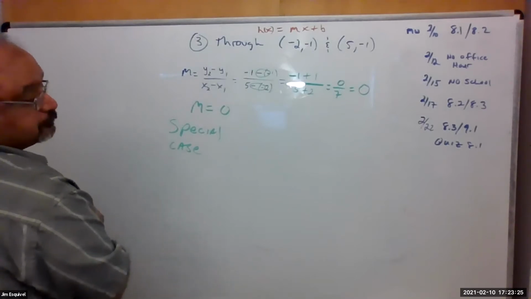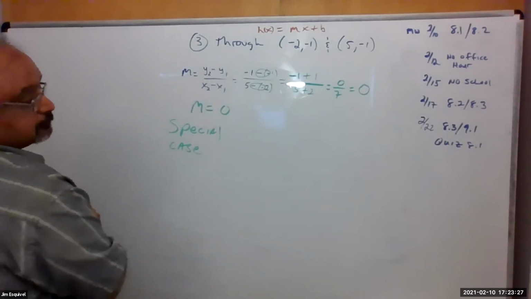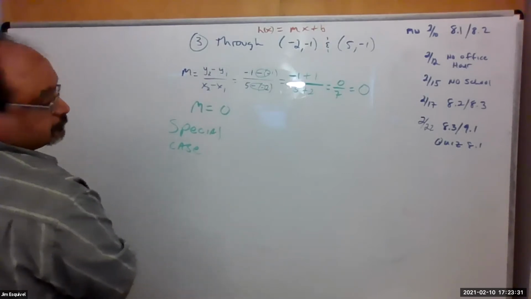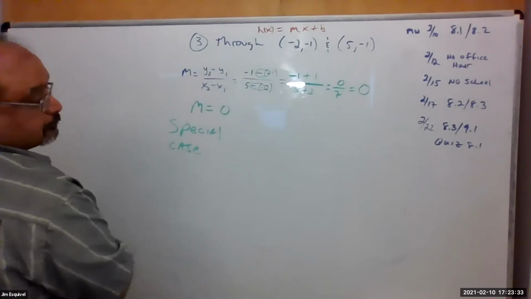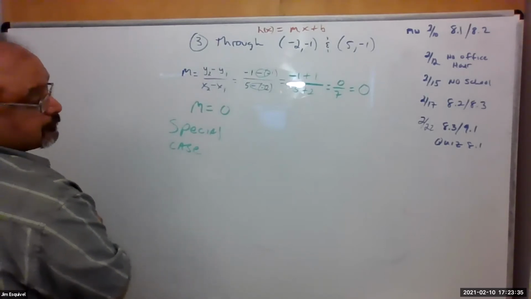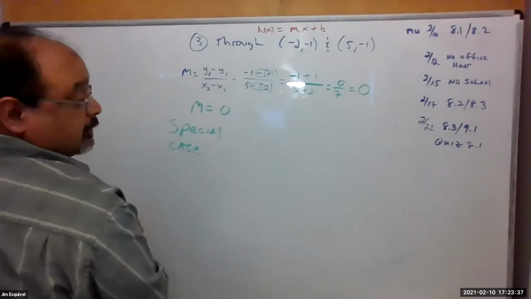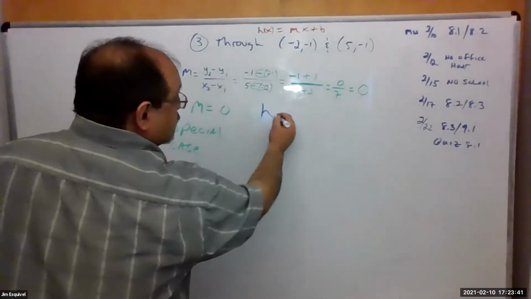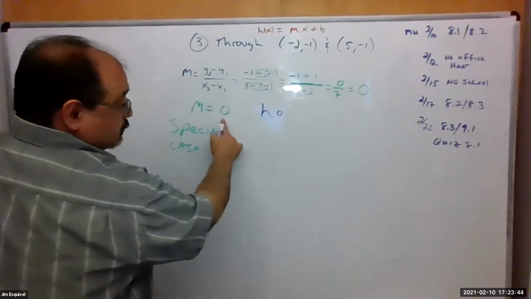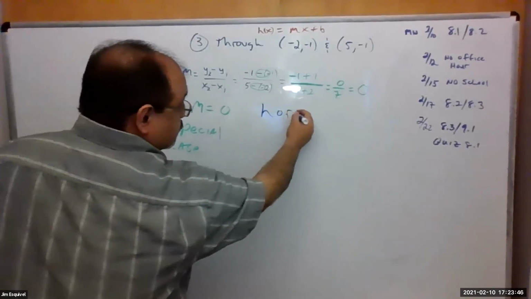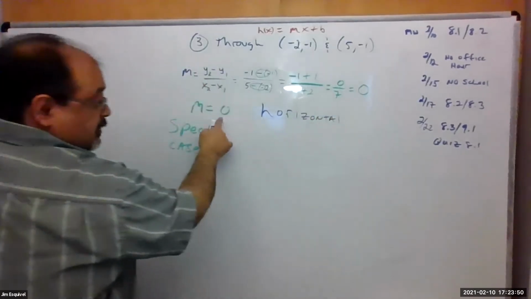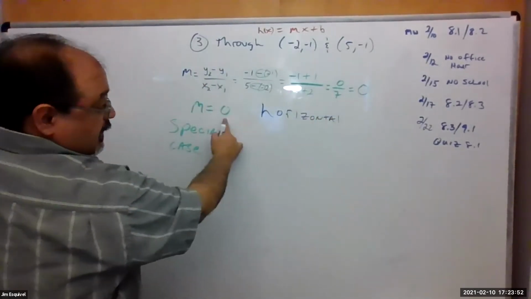Which one? Horizontal? Yeah, you can't spell the word horizontal without an O, which is 0. The slope is 0. You can't spell the word horizontal without an O.